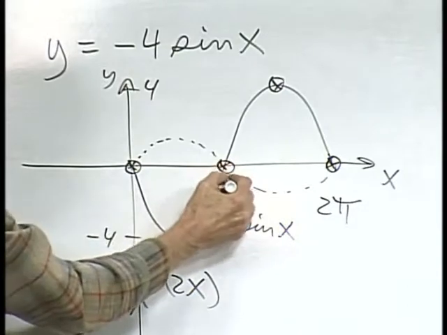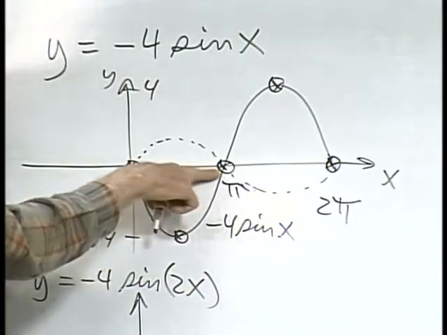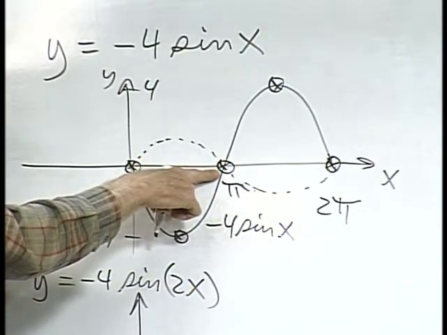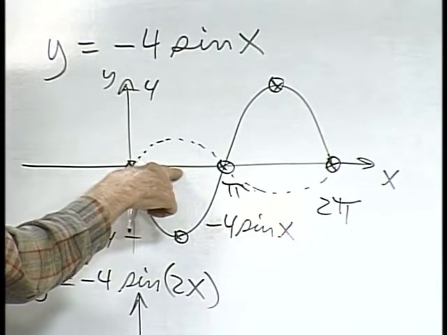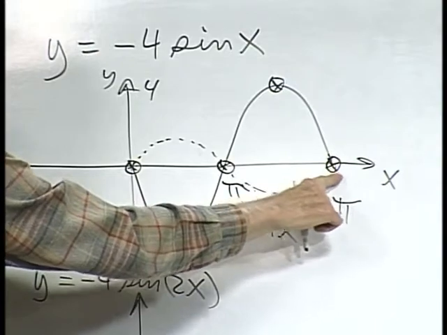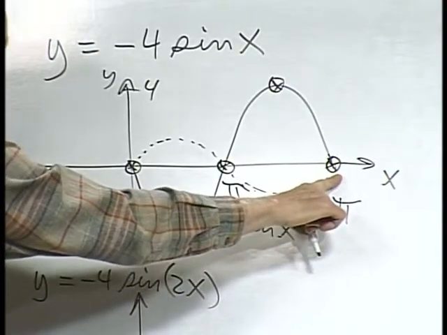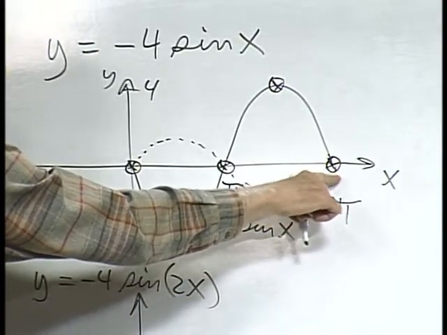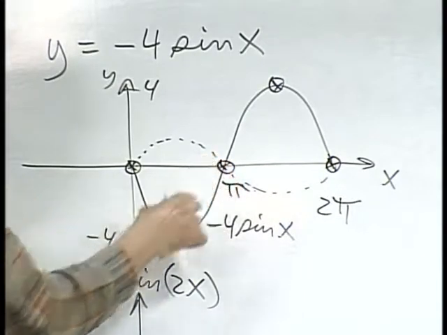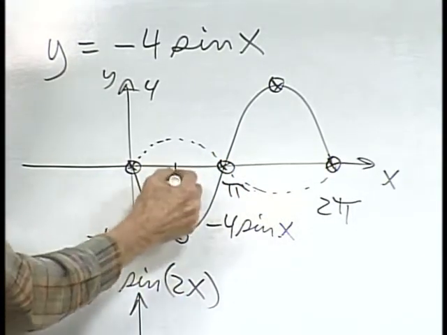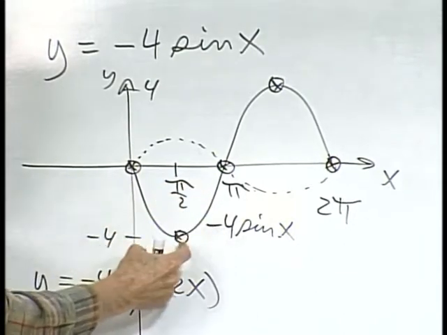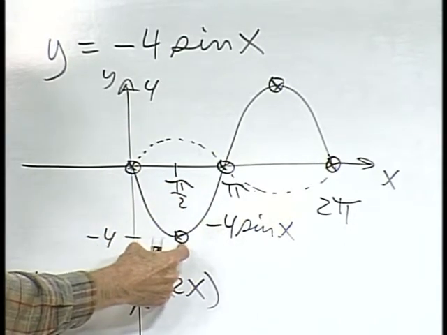So instead of this being at pi, that point is going to become 1/2 of that, pi over 2. And that ending point at the end of the cycle at 2 pi, 1/2 of 2 pi is pi. And this minimum, instead of at pi over 2, is going to be 1/2 of that, which is pi over 4.